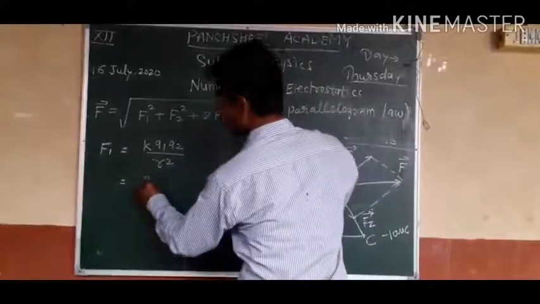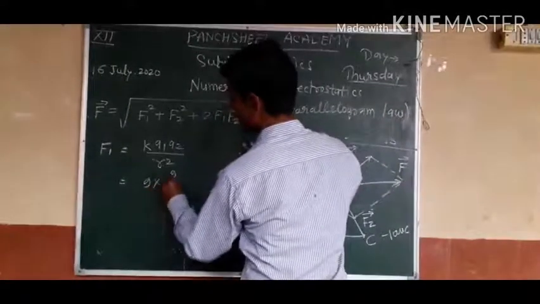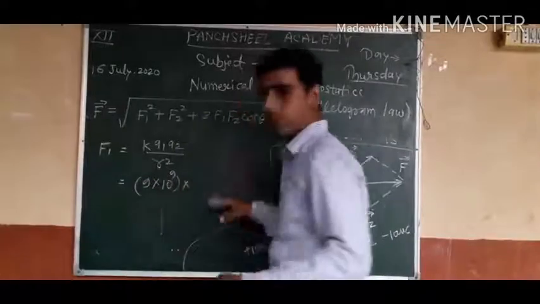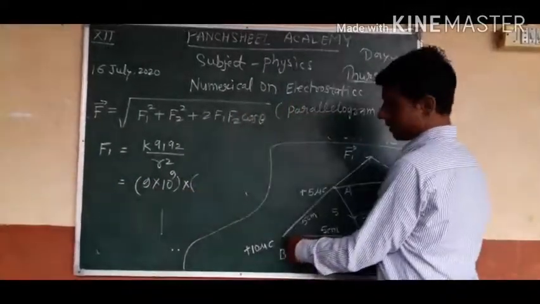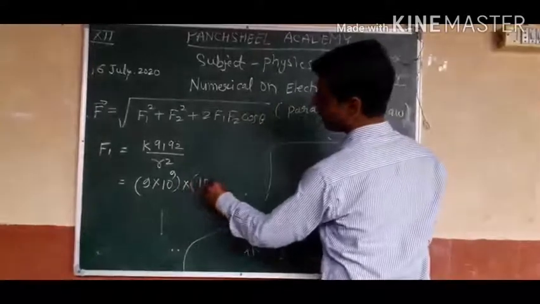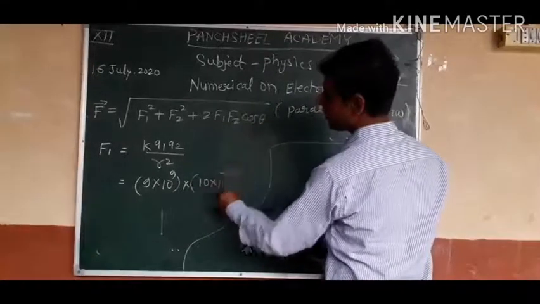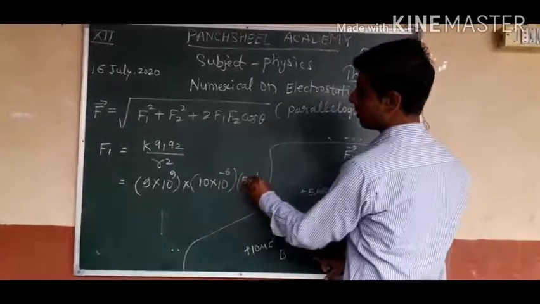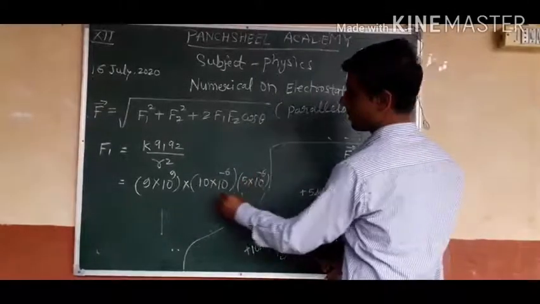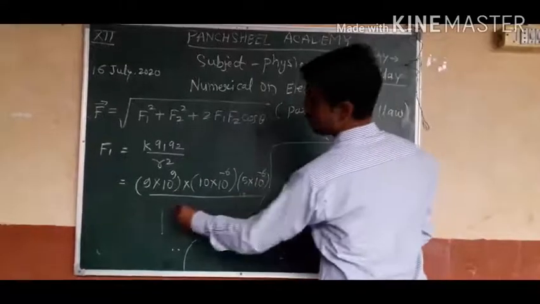Directly you put here 9 into 10 to the power 9, as I told earlier. Q1 is 10 into 10 to the power minus 6, and Q2 is 5 into 10 to the power minus 6, upon r square.